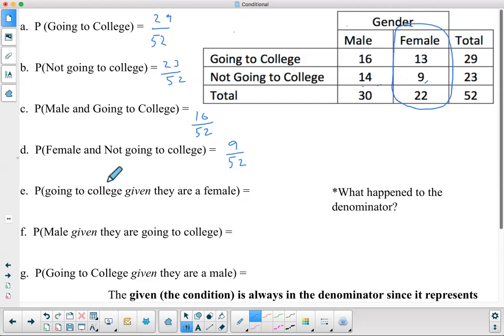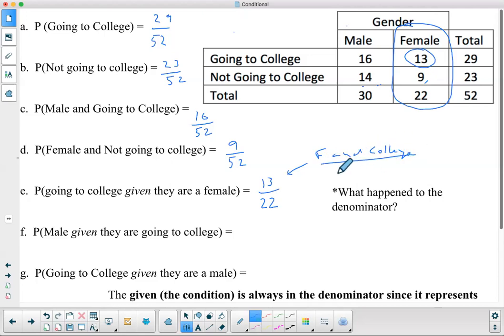So the probability of going to college, given they're a female, 13 of the ladies said they are going to college, but it's 13 of the total ladies, not 13 out of everybody. So 13 women said that they were going to college out of the 22 total women. And these 13 people are female and college.